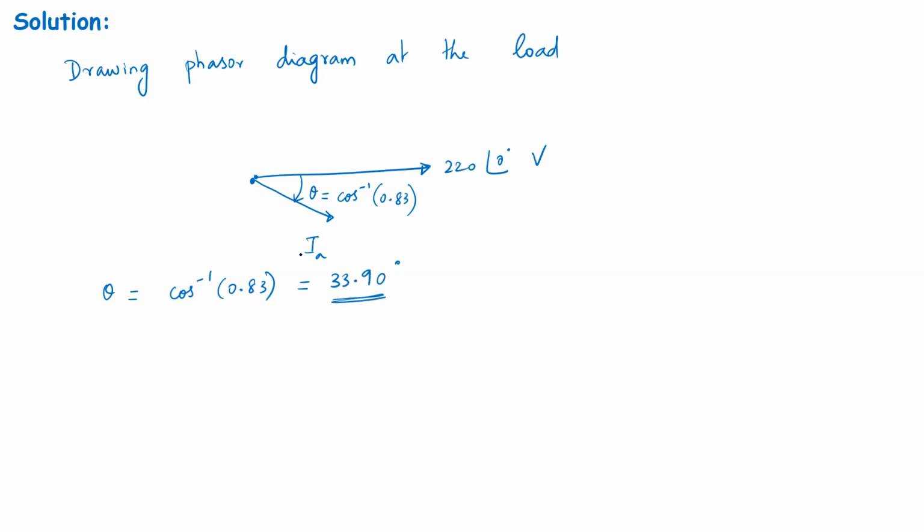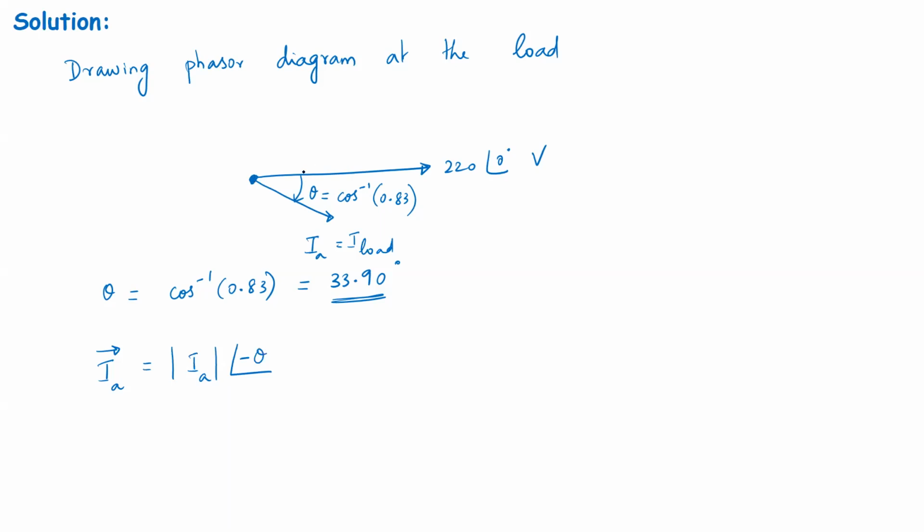Now, when I represent the load current, which is also the armature current, because it's a series circuit, in complex form or in vector form, my IA vector will have a magnitude of current, and there will be an angle theta. Because this angle corresponds to the lagging angle, we are going to indicate that using a negative sign. If the current was leading the voltage, then we would have had a positive angle. Now, why is this correct?